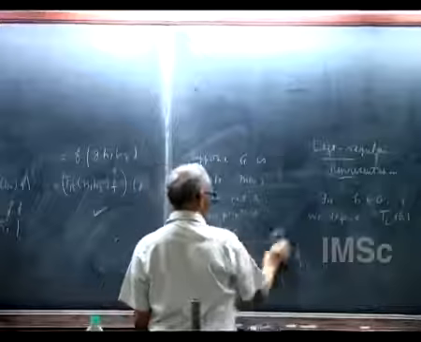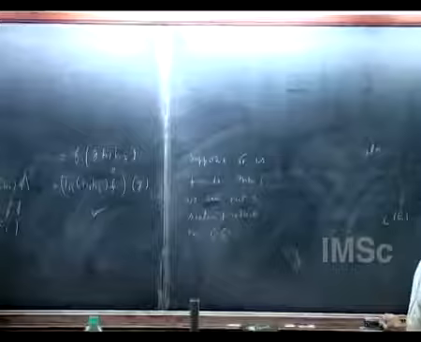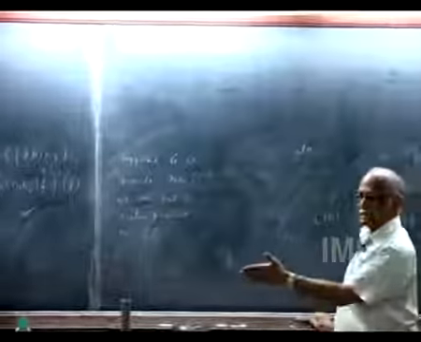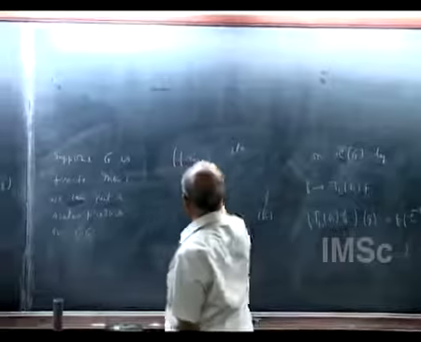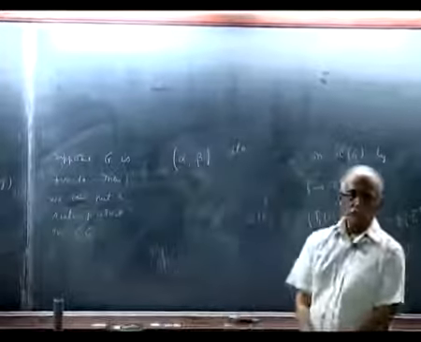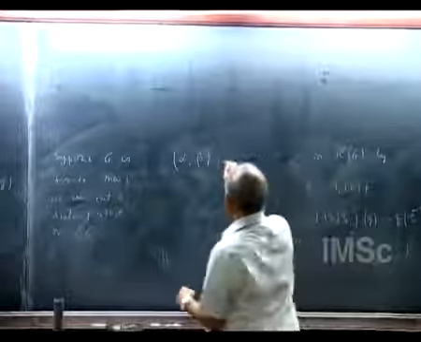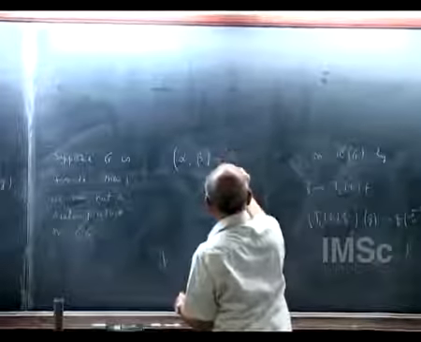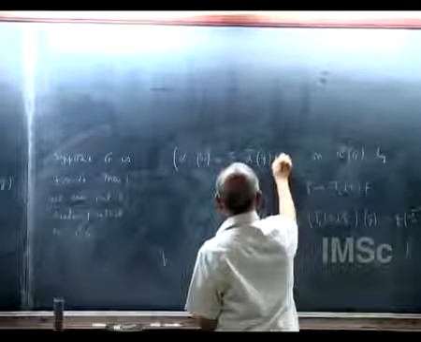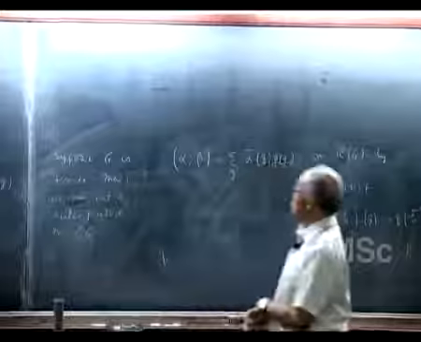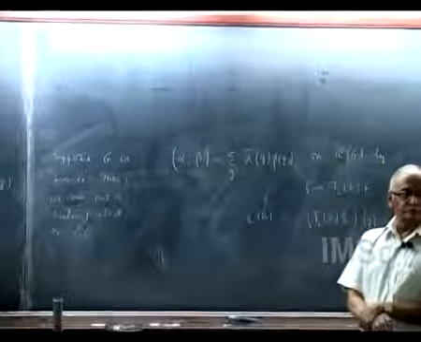These are functions, so I will say the scalar product is alpha, beta. I simply sum over G of alpha bar of G times beta of G. It's a finite sum, everything exists, no problem.